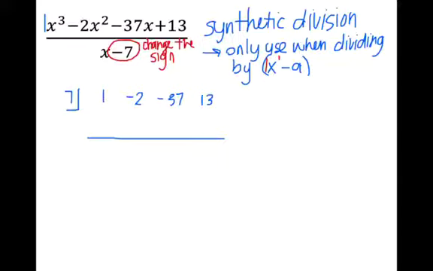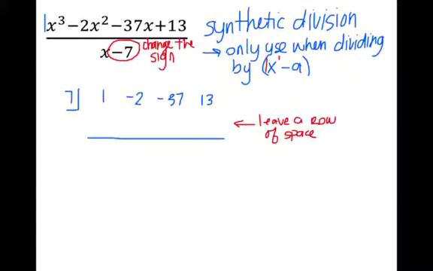I want to make sure right here that I leave a row of space. Otherwise, it can get kind of messy. So I just want to make sure that I leave enough space that I can write a number in between my top row and the line.